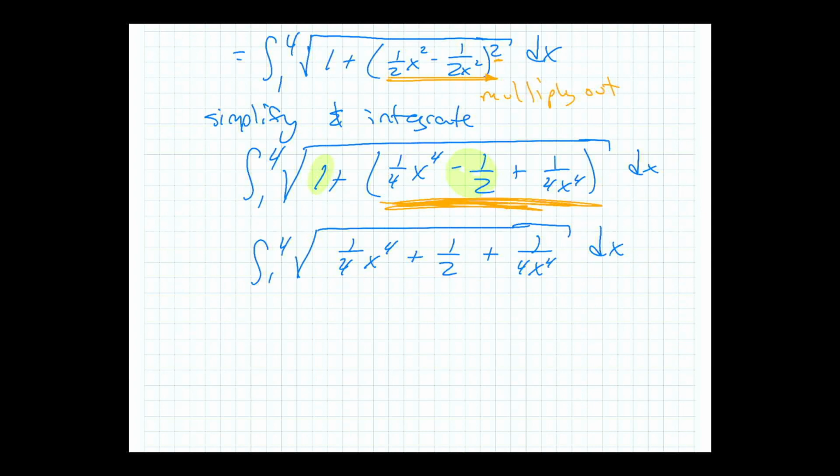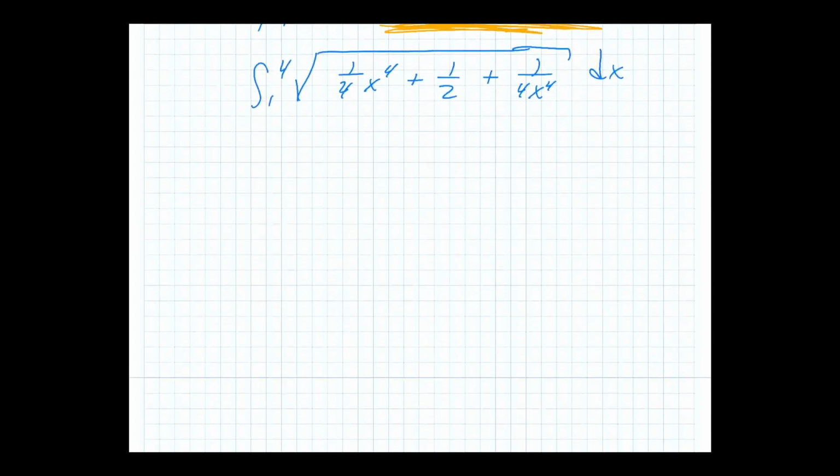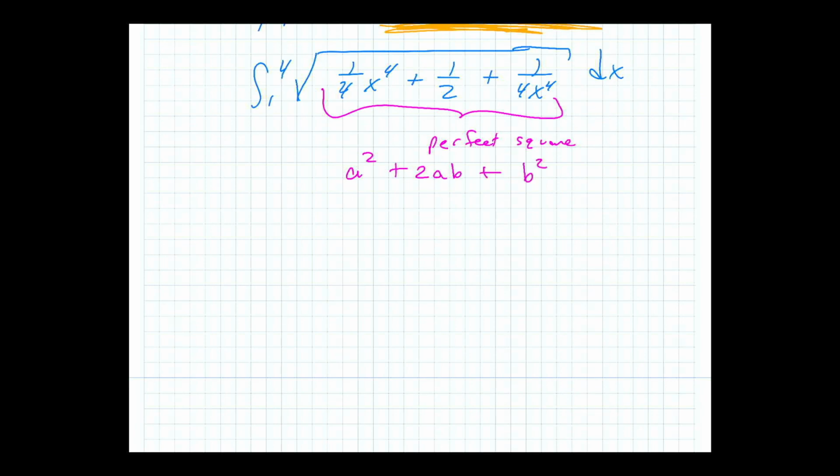This is what we call a perfect square trinomial, which again, I covered a lot in the lecture on arc length, and then arc length sample problems, I think. So this is a perfect square. It's the form a squared plus 2ab plus b squared, okay, which factors into a plus b squared.